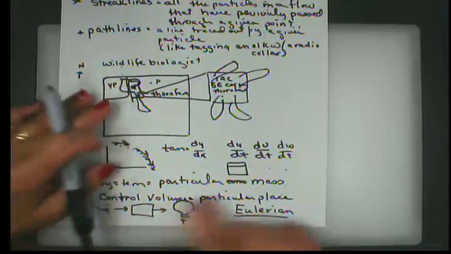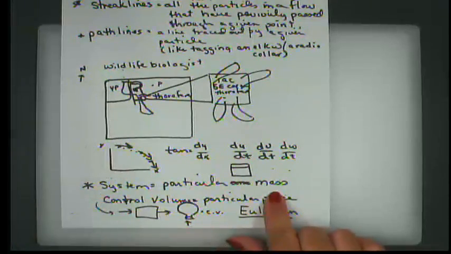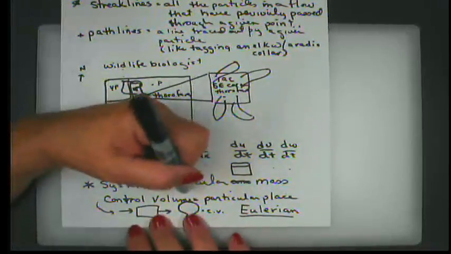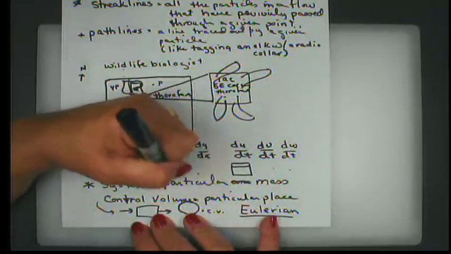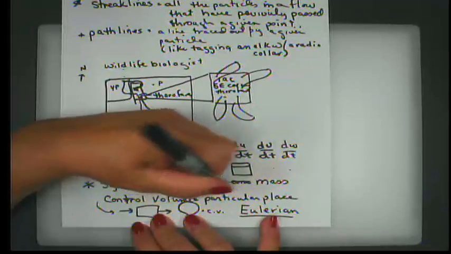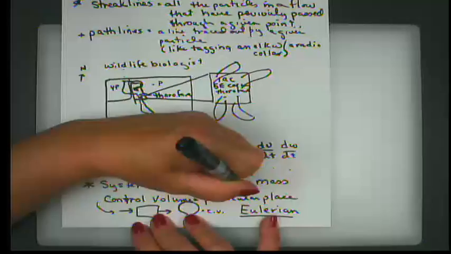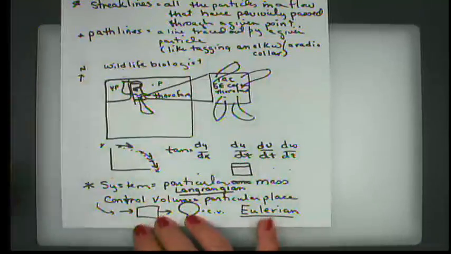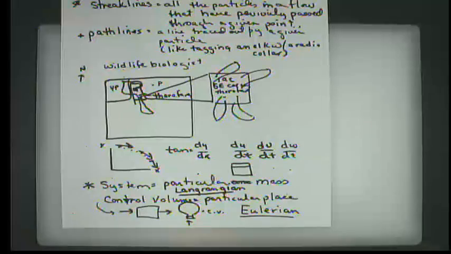If you tag particular particles, if you're looking at a particular mass, that is referred to as Lagrangian. And even though we've never really talked about it, when we work with solids, we're almost always talking about Lagrangian. If you're looking at a desk, you're looking at that particular mass, and then you move the desk around.